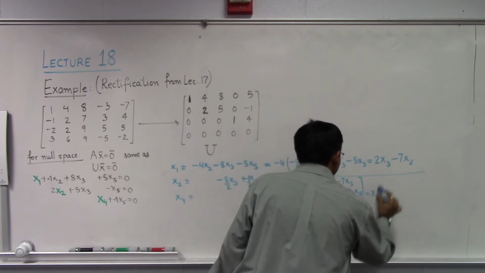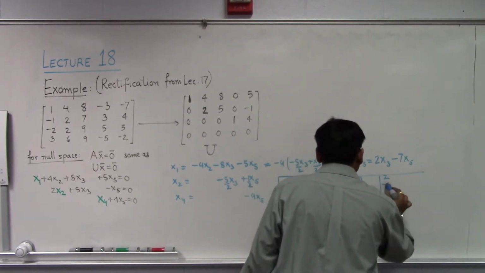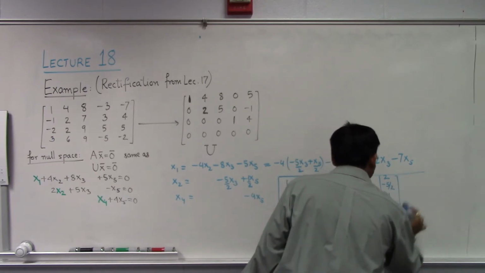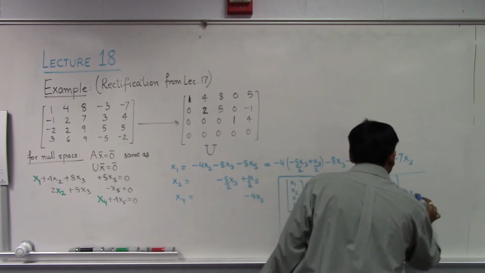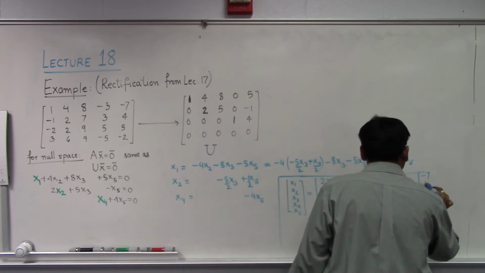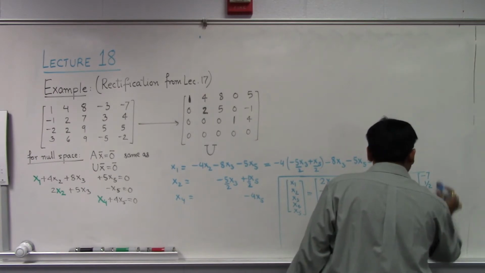So I can write this whole thing as 2, minus 5 half, 1, 0, 0, and I can split this as minus 7, 1 half, 0, minus 4, 1.